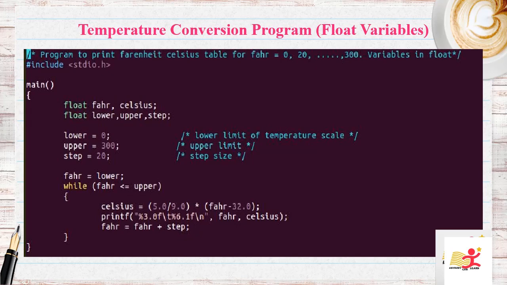And the formula of conversion is written in a more natural way, like 5.0 by 9.0 into Fahr minus 32. So a decimal point in a constant indicates that it's floating point. So 5.0 by 9.0 is not truncated since it is a floating point value.